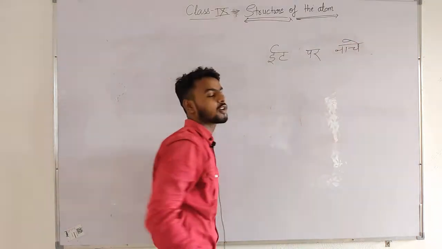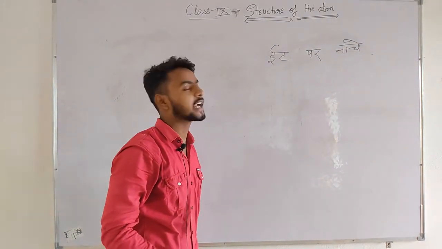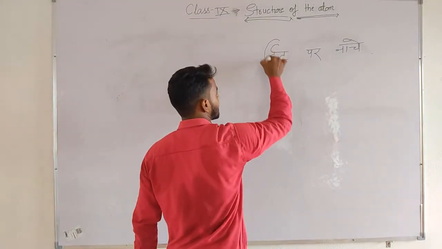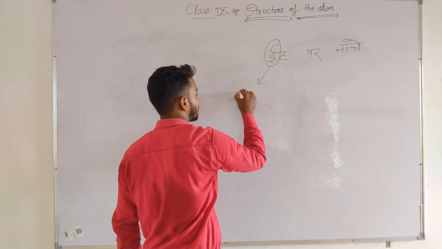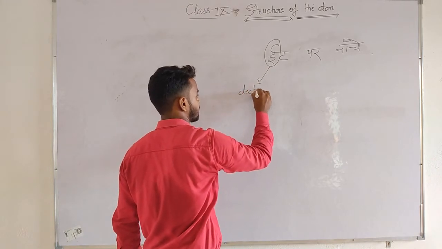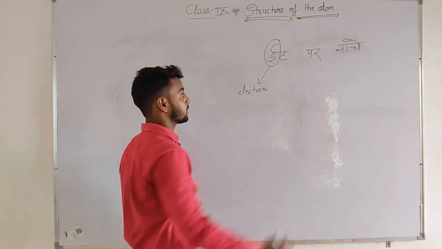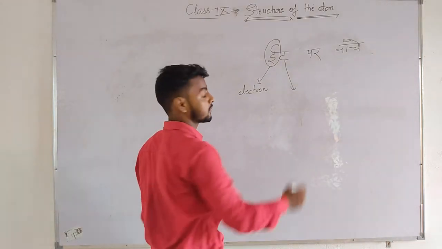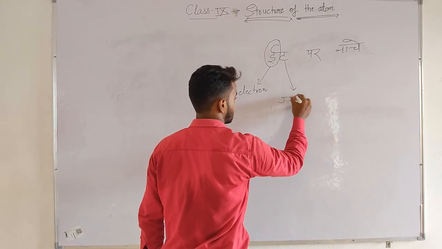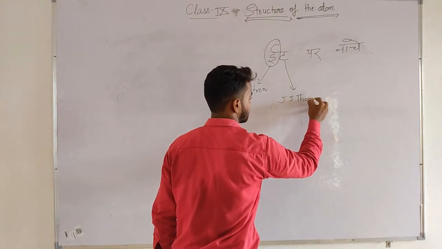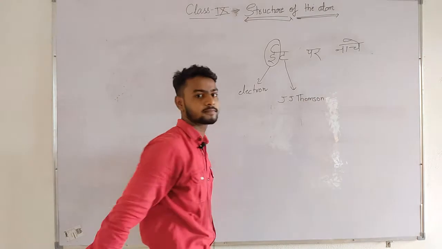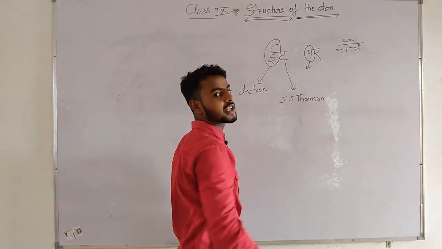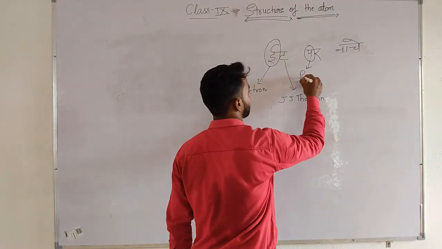The three subatomic particles of the atom are electron, proton, and neutron. E represents the electron, and "ta" represents J.J. Thomson, who discovered it.